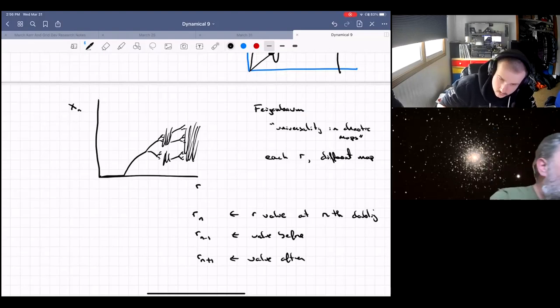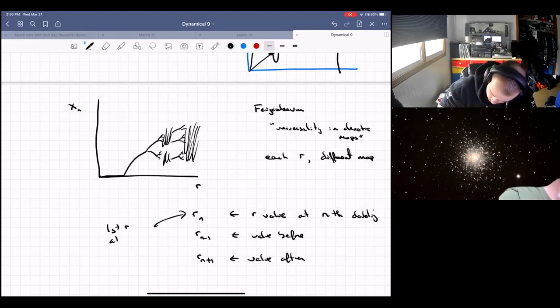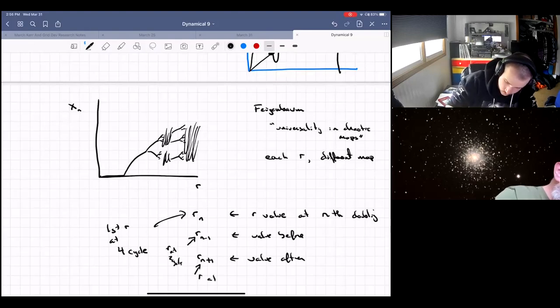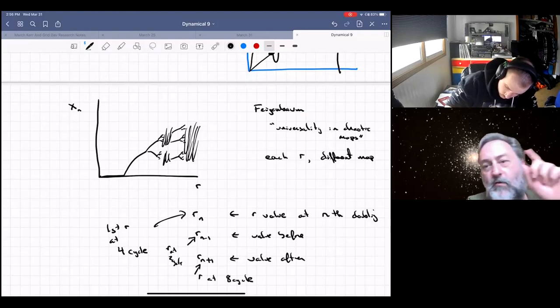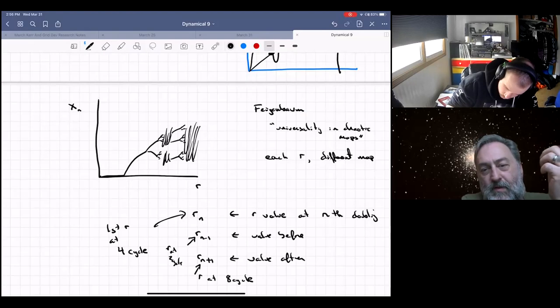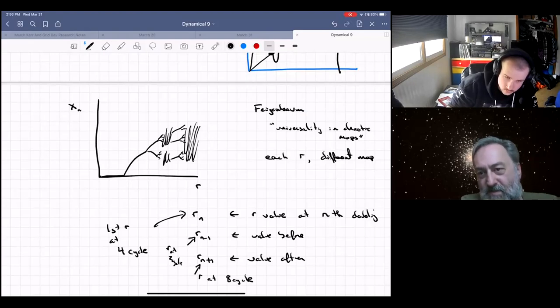So if Rn is the first R at a 4 cycle, this is going to be the R at the 2 cycle, and this is going to be the R at the 8 cycle. So it's the value of R where the first 4 cycle, 2 cycle, and 8 cycle show up.